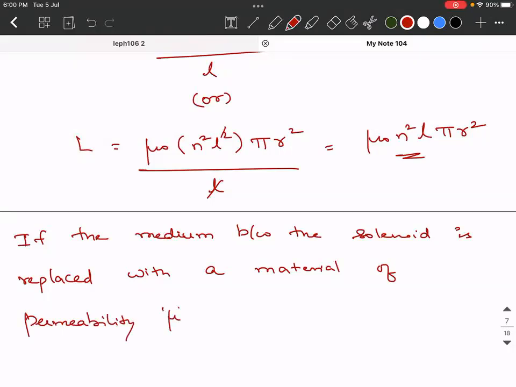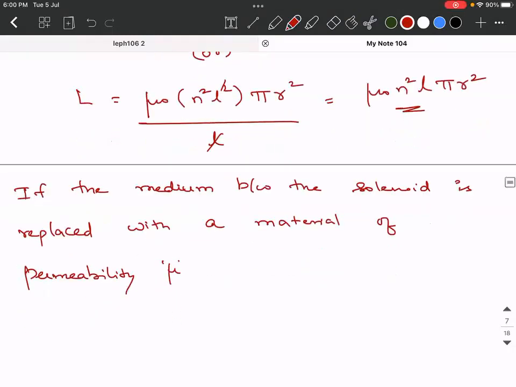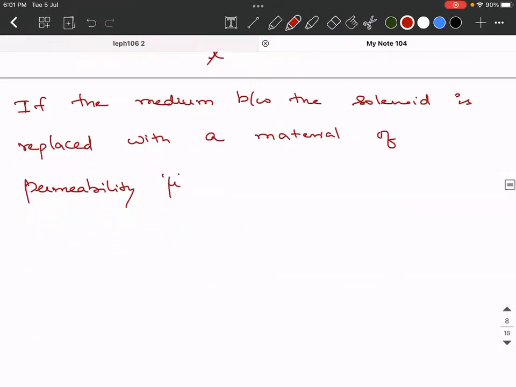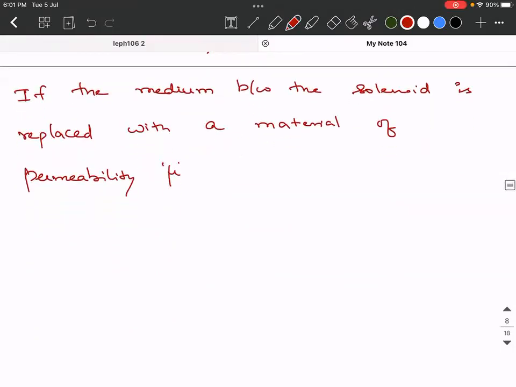I repeat, if the medium between the solenoid is replaced with the material of permeability mu, then we know this expression, right? Mu r is equal to mu divided by mu naught, which implies mu will be equal to how much? Mu naught into mu r, right?